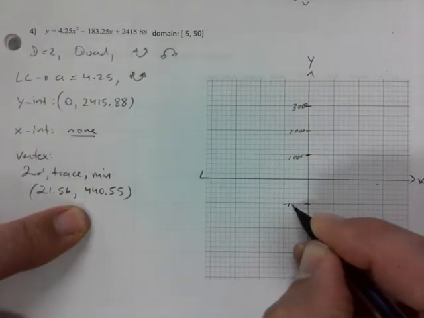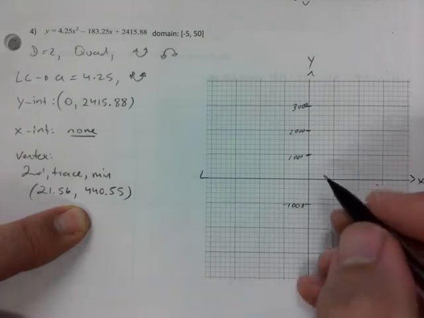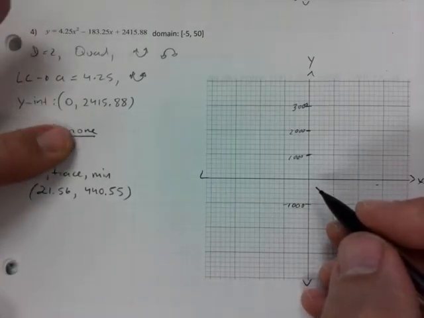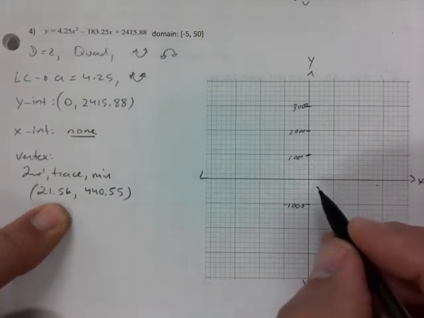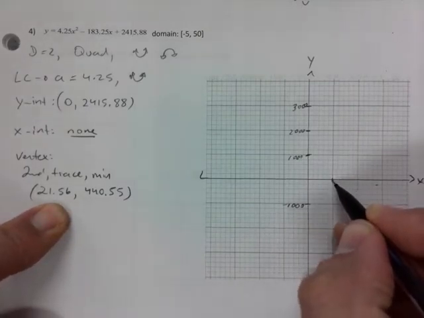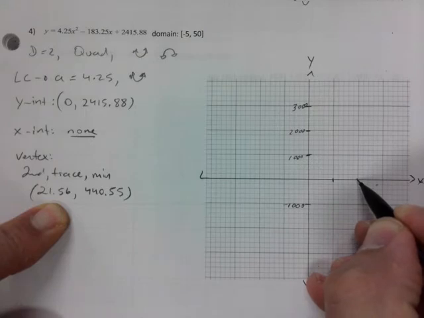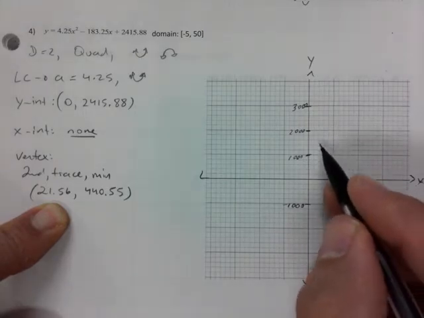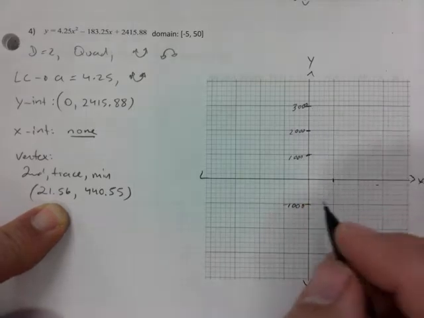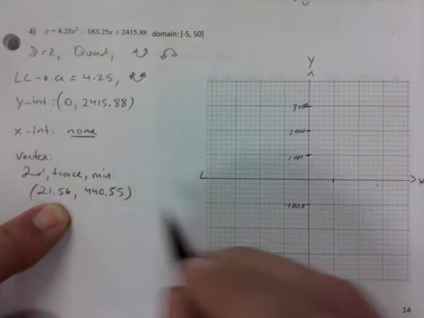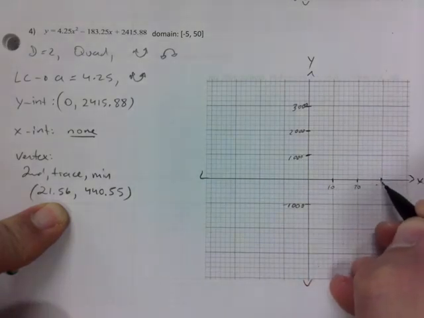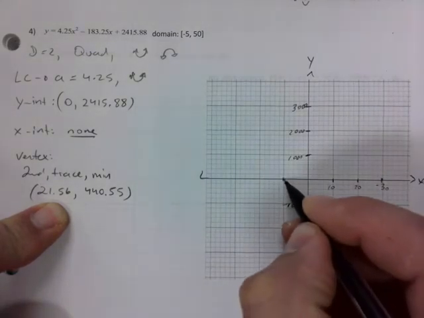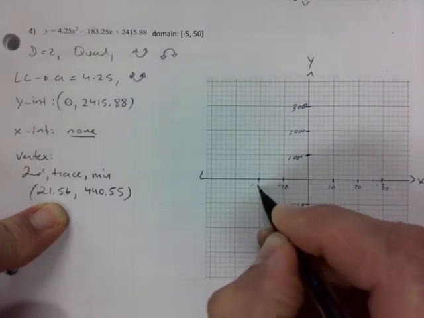And I'm just going to go negative 1,000 here, and for the X, really, I'm going to go vertex is 21, right? So we're going to go 5. Vertex is kind of like halfway, right? Halfway, it's the middle point, and it goes this way and this way. So you kind of want to go past just the 21. So let's go 10, 20, 30, and then we're going to go negative 10, negative 20.